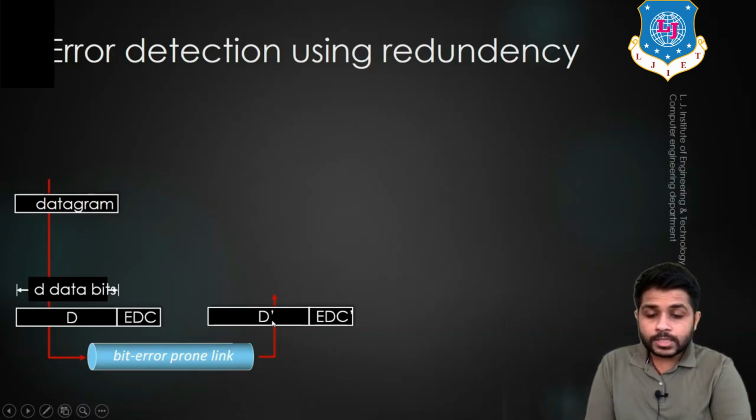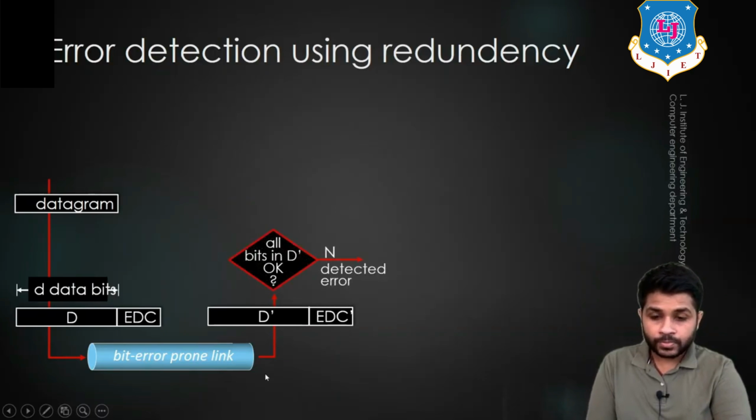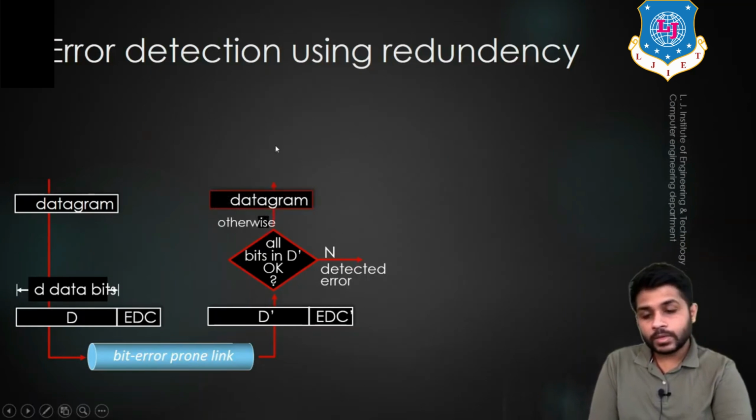When the receiver receives it, the receiver will check for errors. If no errors are detected, the data will be delivered, but if any error is detected, the receiver will discard the data. So if there is no error, the data will be delivered to the destination.